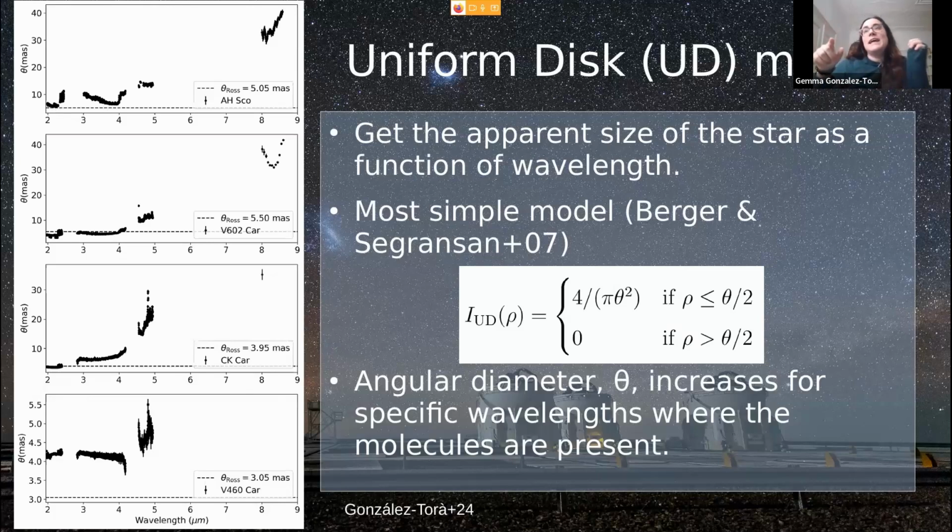And this is just to give you an idea that if the angular diameter changes, it means that our lines are formed in the extended region of the atmosphere. It's just a little parenthesis that I made here to see what we can first check without getting into our models. So essentially what this is telling us is that we are forming the elements in the different wavelength ranges in the extended atmosphere.